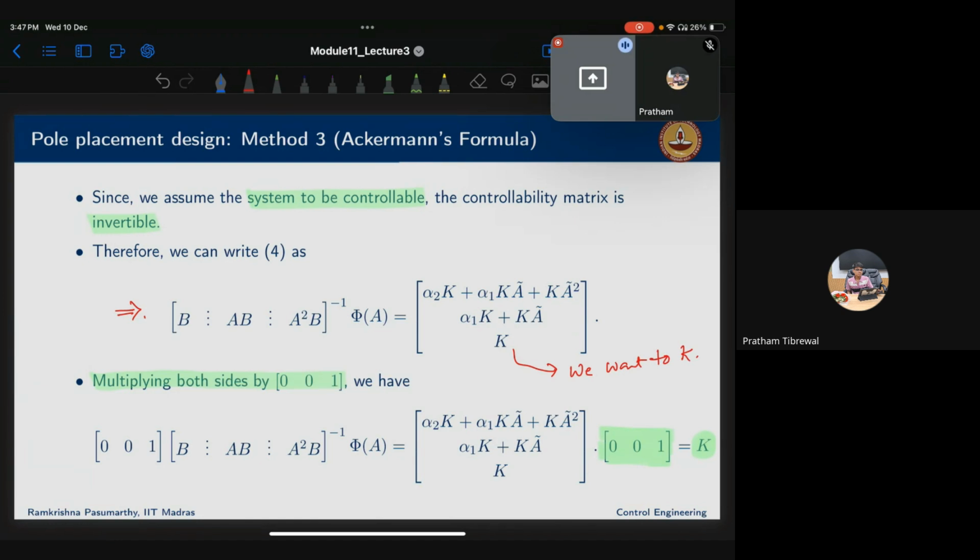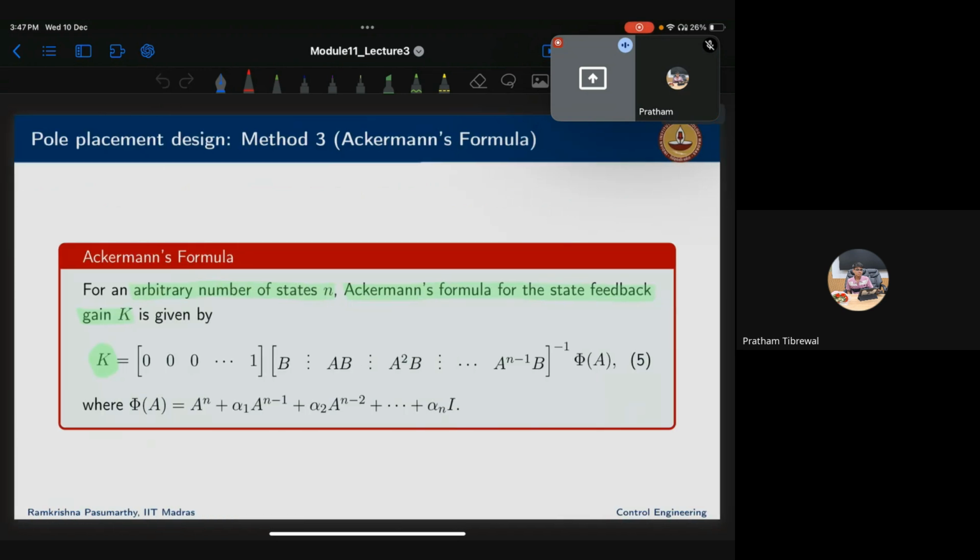Simply multiply with 0, 0, 1, which makes this term 0, and this term also 0. Only K will be left. Finally, the K matrix is nothing but this one: 0, 0, 1 times the inverse of your controllability matrix times the characteristic polynomial.